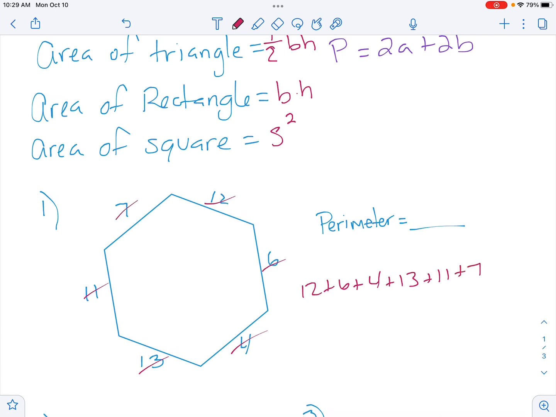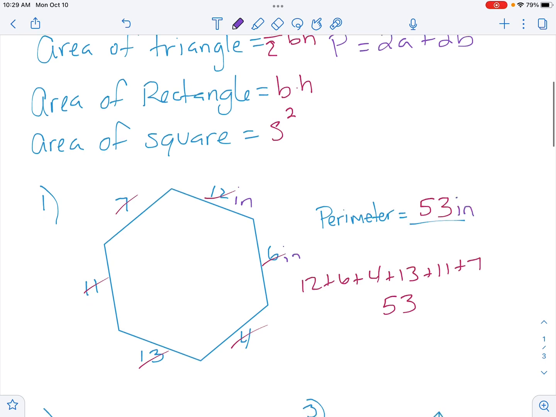I'm going to add all those together. 12 plus 6 is 18, plus 4 is 22. Keep on going until you have all the sides, and you should get 53. Now, if these were labeled, let's say it was labeled inches, you would leave that labeled inches. The labeling doesn't change.